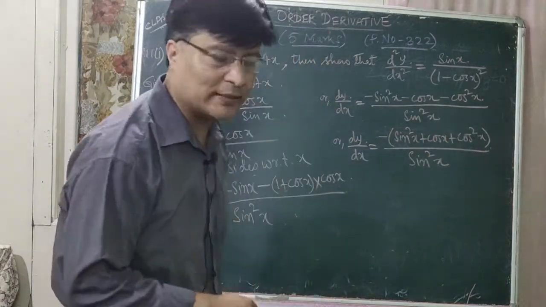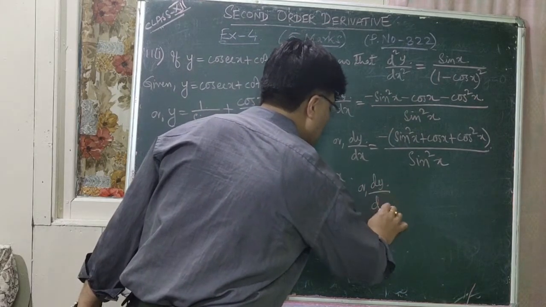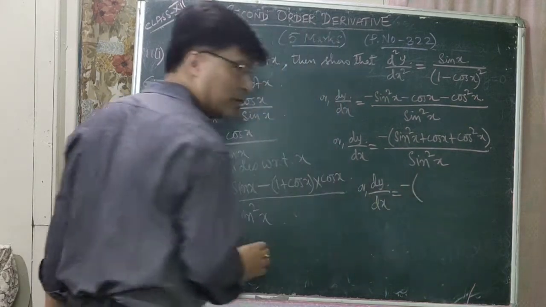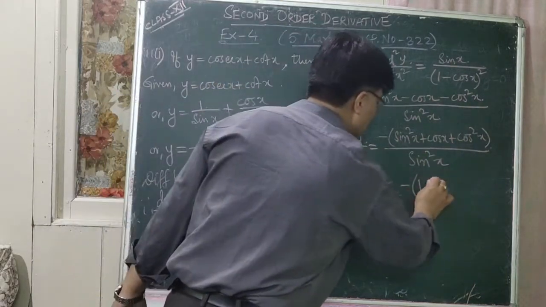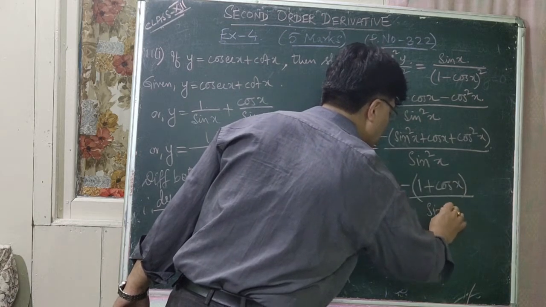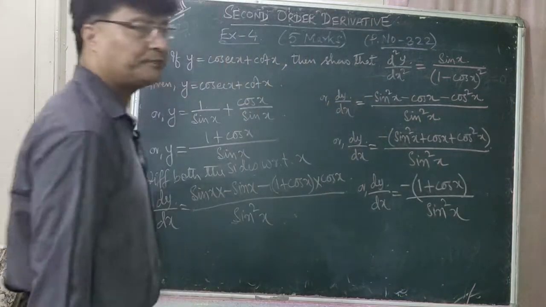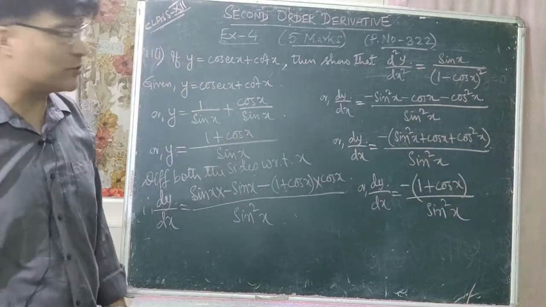You know that it is 1. Sin square x plus cos square x is always 1. That is dy by dx is equal to minus, within the bracket, what is sin square x plus cos square x? That is 1. Then write down plus cos x whole divided by sin square x. Is that clear? So we have simplified the value of dy by dx.